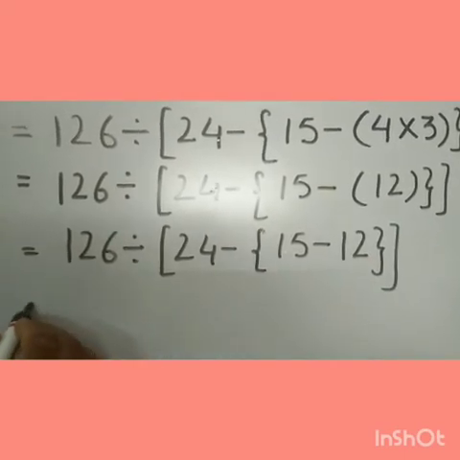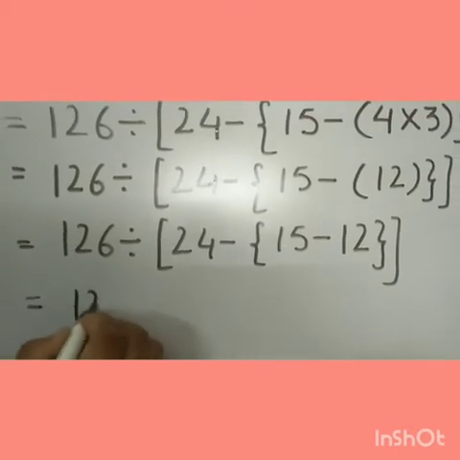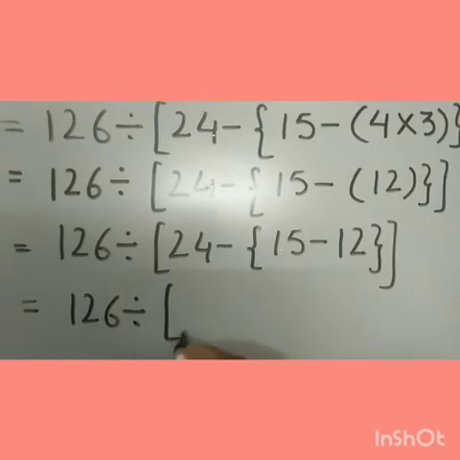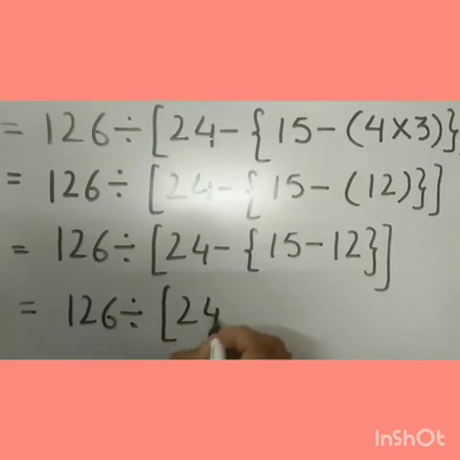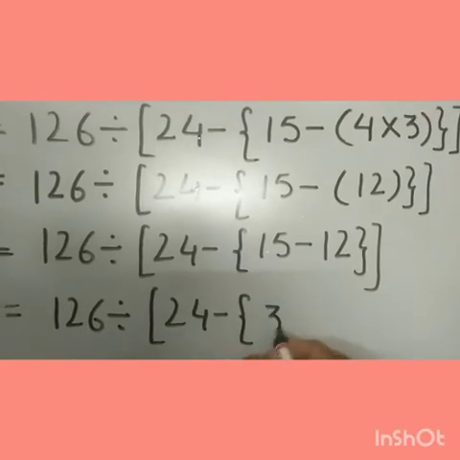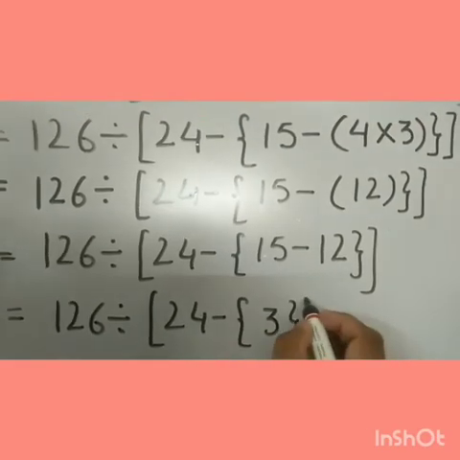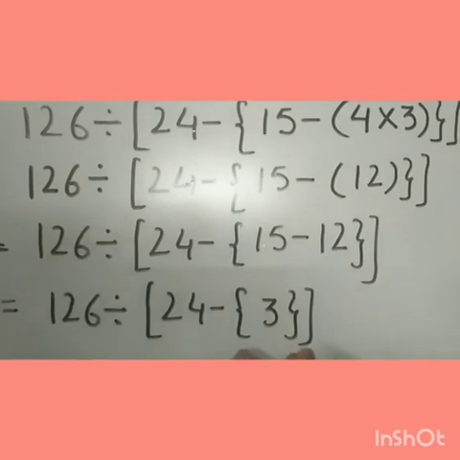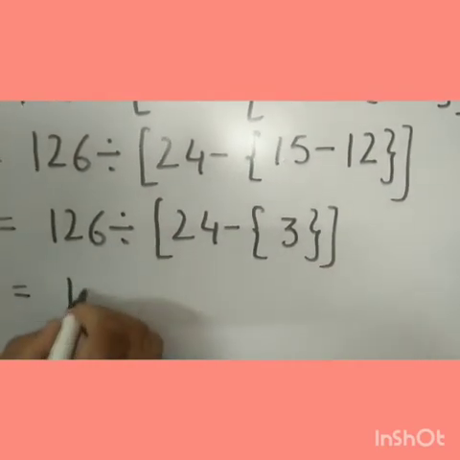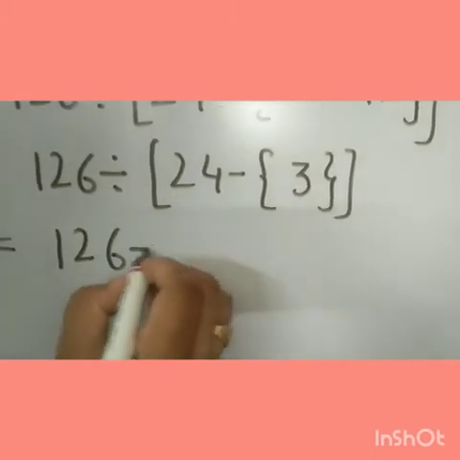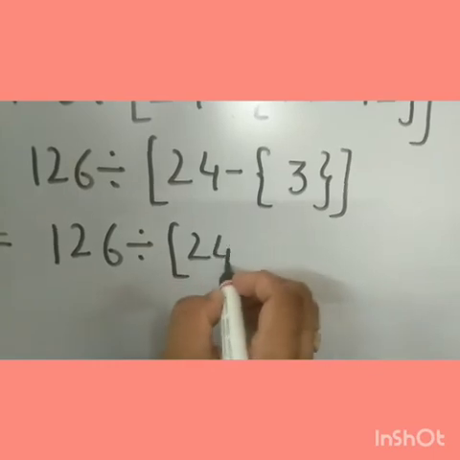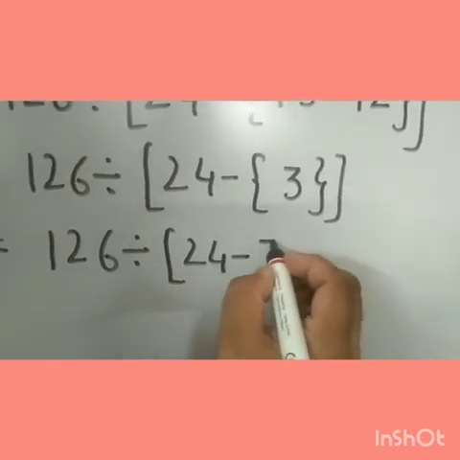Now 126 divided by big bracket 24 minus, the answer of curly bracket is 3. Now remove curly bracket in the next step. 126 divided by big bracket 24 minus 3.